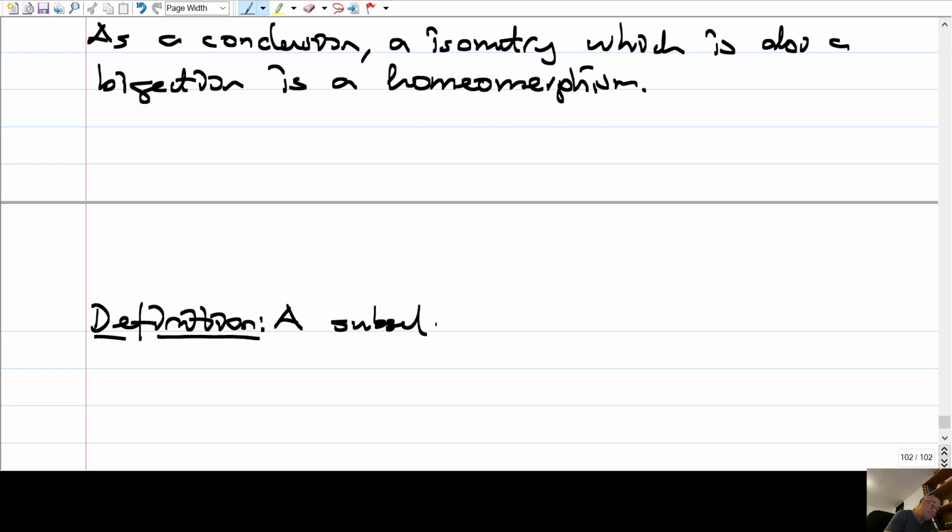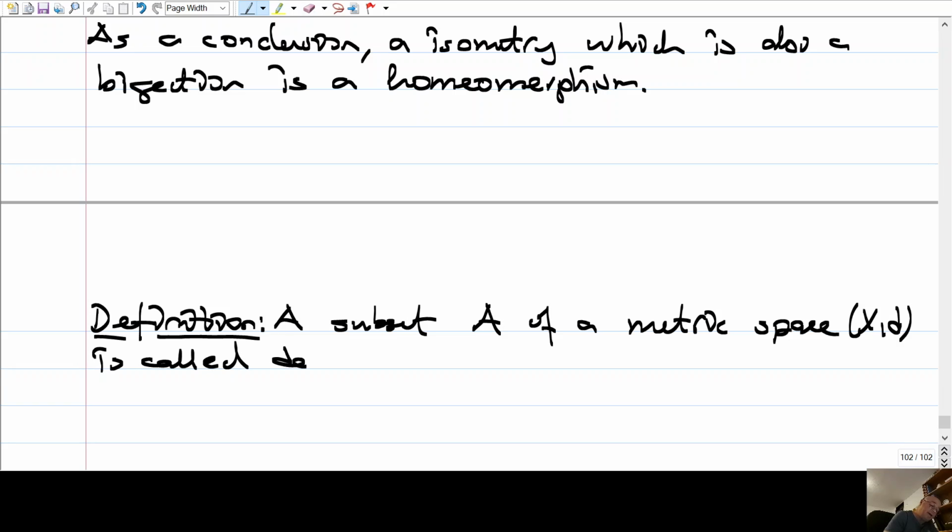A subset A of a metric space (X, d) is called dense if its closure is equal to X. Right, we had the same definition when we studied real numbers with absolute value metrics, so we just carry over this definition to an arbitrary metric space case.